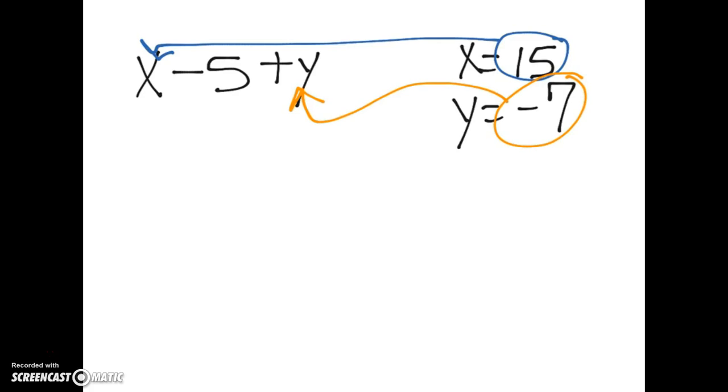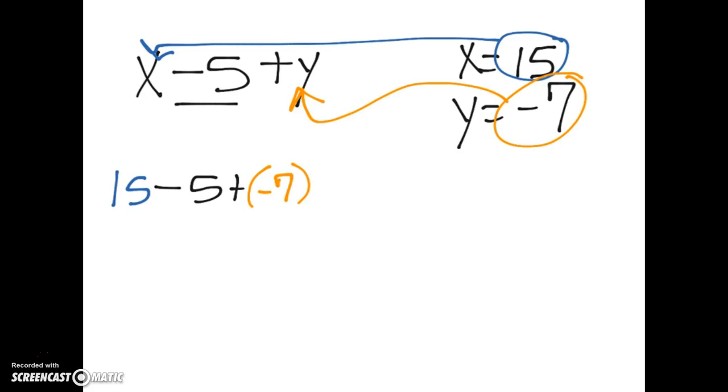So when we rewrite that, we get 15 minus 5. So that's from our original expression, plus, then we have negative 7, because that's what y is. Okay, and we have to evaluate this then.